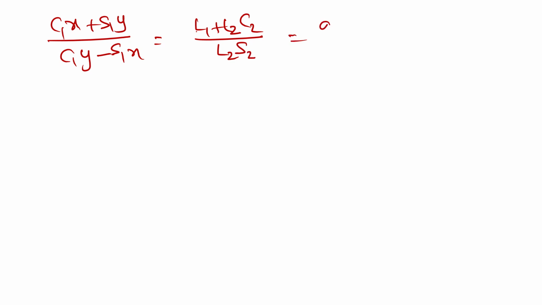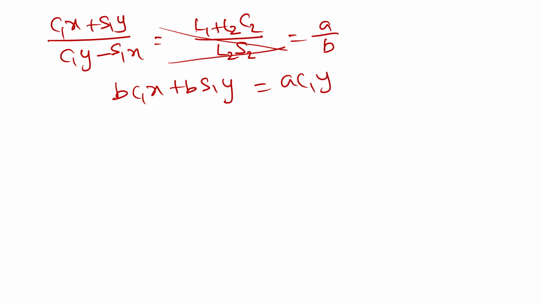Let's assume these to be A and B, and we can cross multiply. So it becomes B into A: B C1X plus B S1Y, and here A C1Y minus A S1X.